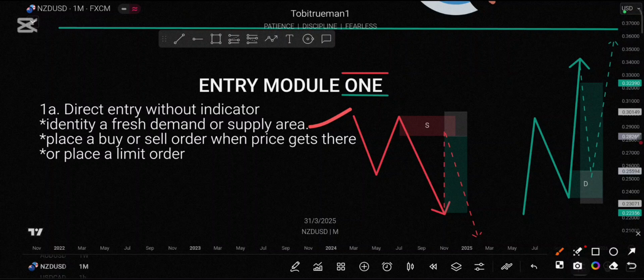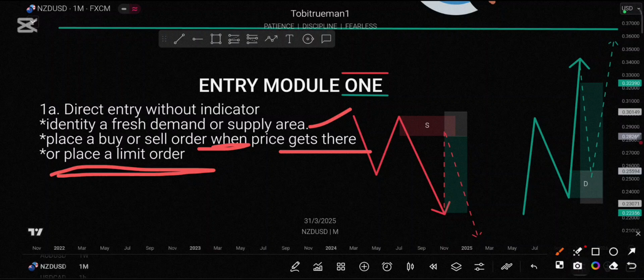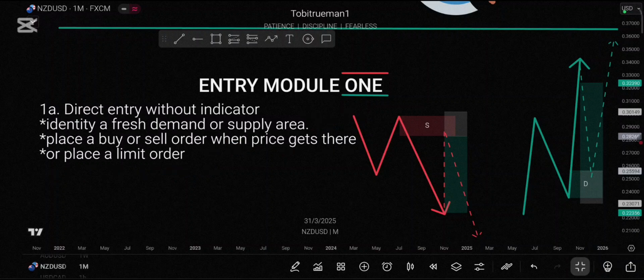Number two, we place a buy or sell order when price gets there. The order can also be a limit order. We can also enter the market directly and say, okay, the market has gone to this place, so we are selling or buying, without using any indicator, just by spotting a fresh supply or demand zone when the market gets there, and put our take profit and stop loss.